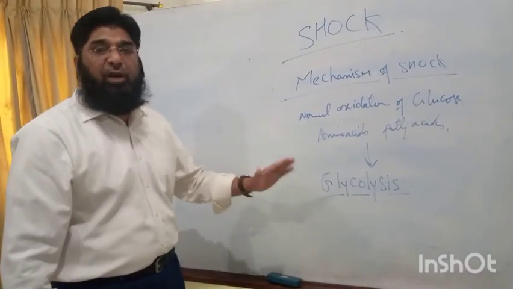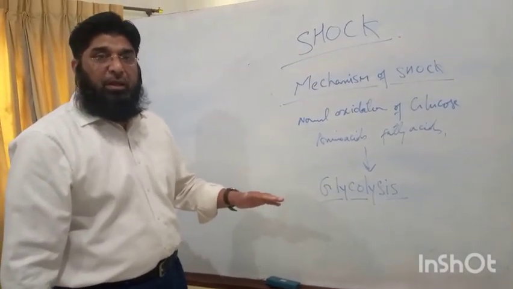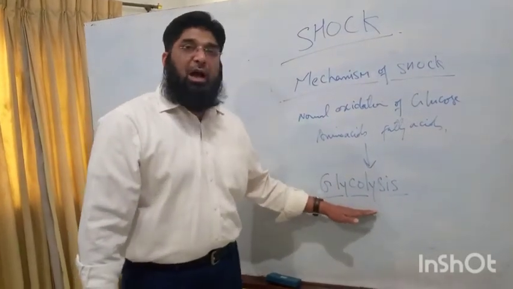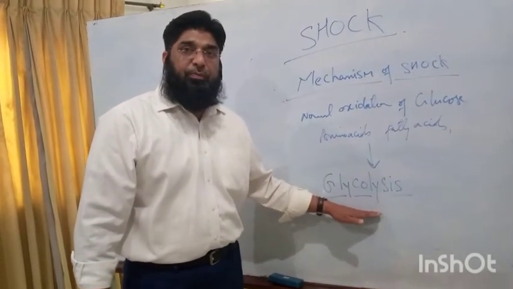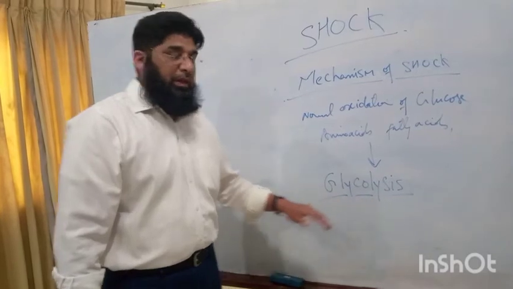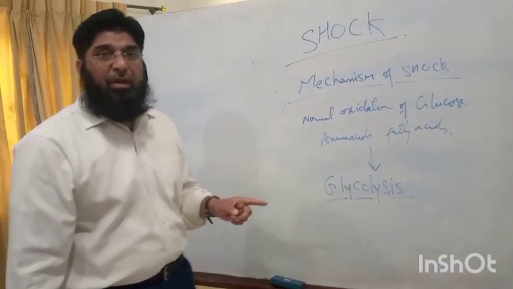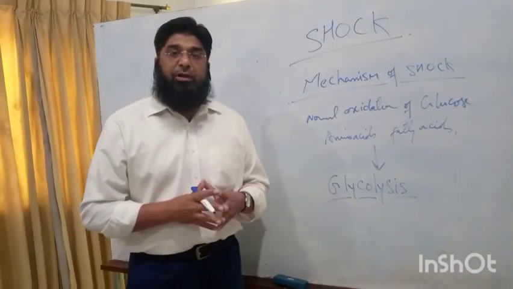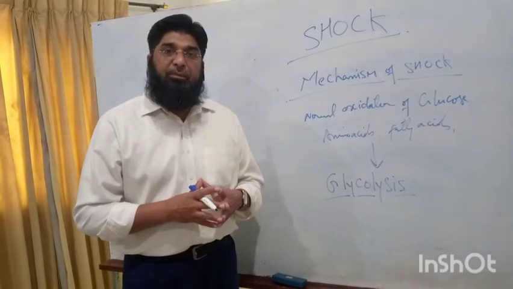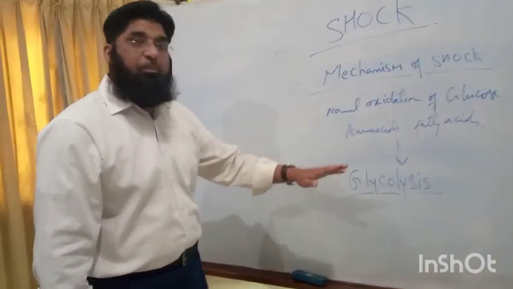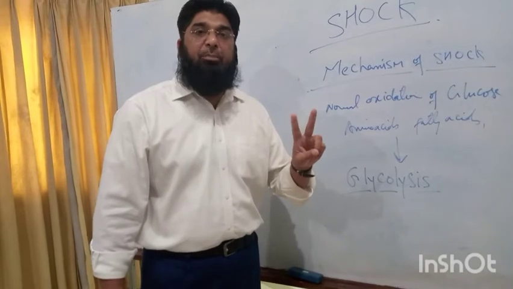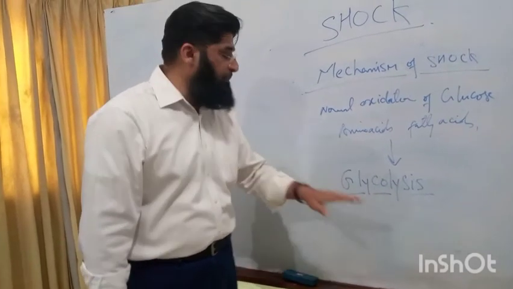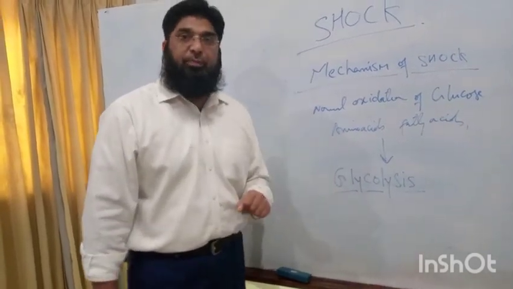As a result of glycolysis, pyruvate plus 2 ATP molecules are produced. These are the end products of glycolysis.